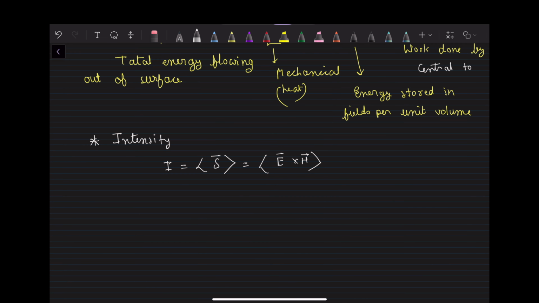Mu naught will come, then I have cos squared. Now what we need to do is E cross H, simple.